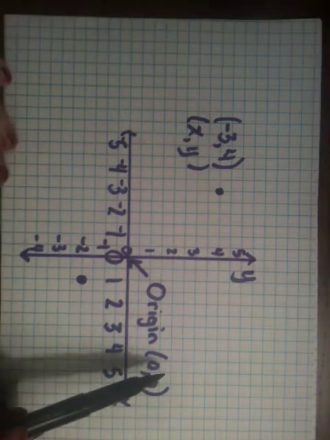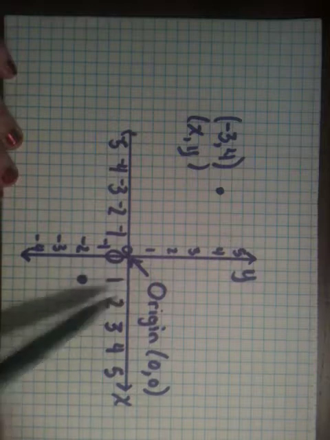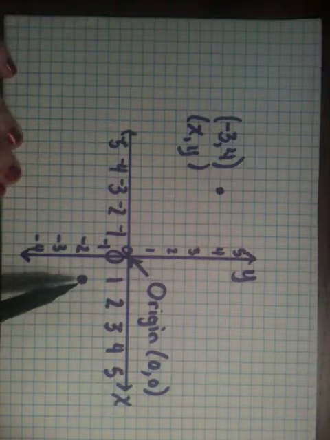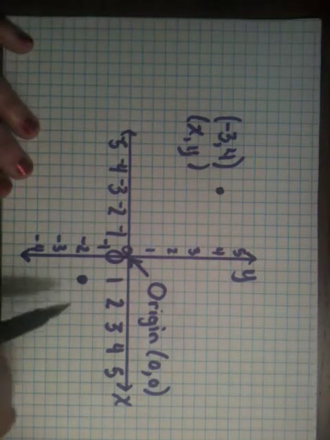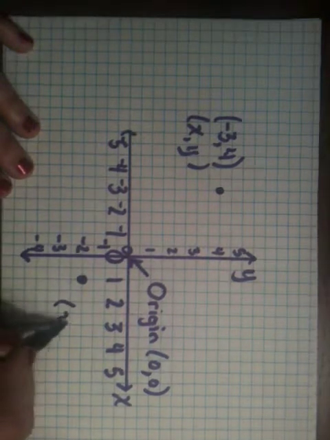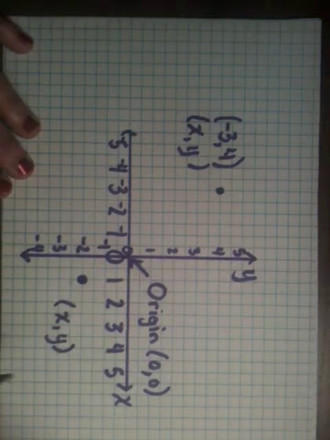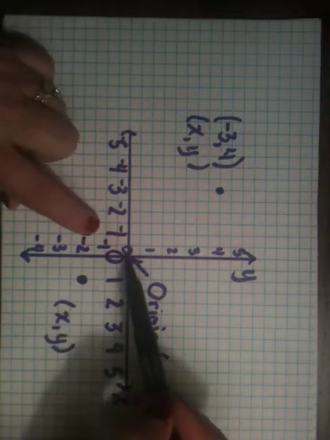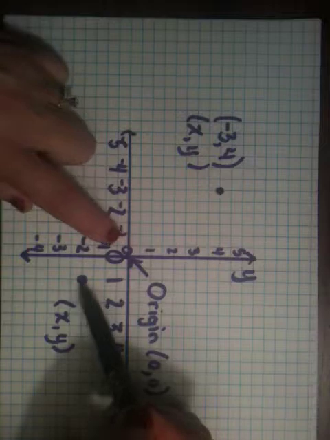Now remember, the other task that I wanted to accomplish was, how do you determine the coordinates of a point that's already given to you on the plane? So we are still going to be writing the coordinates for this point in an x, y order, and we're still going to start at the origin, and we're going to travel from the origin to this point.